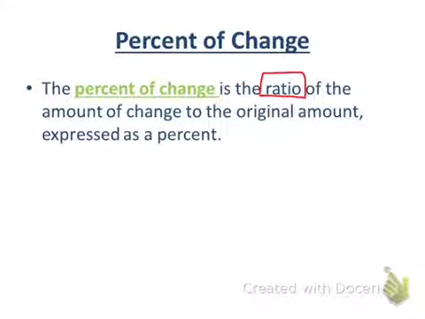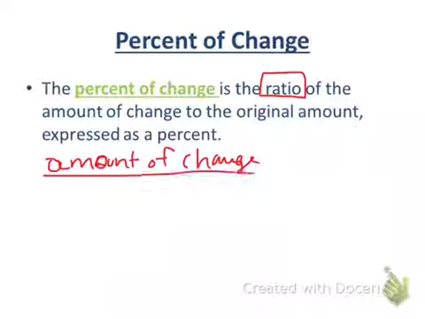So it's a fractional expression. This is telling us that the percent of change is the ratio of the amount of change. So the formula is the amount of change divided by the original amount.